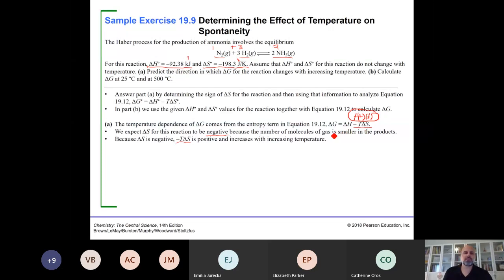So as you increase temperature, you're going to make the number more and more positive. As a result, delta G becomes less negative, or in other words more positive, with increasing temperature.